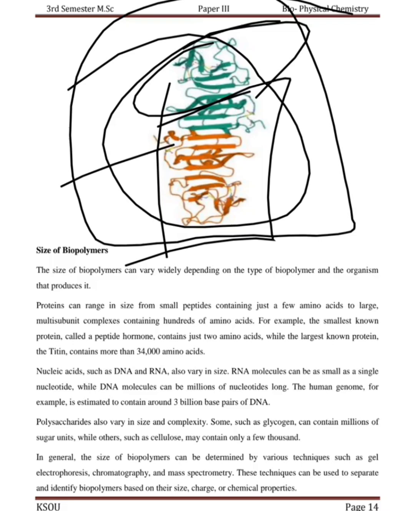Next, nucleic acids such as DNA and RNA. DNA can have around 3 billion base pairs.